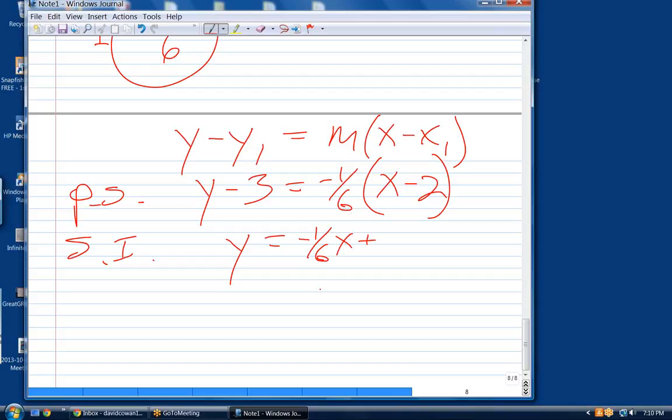Okay. Negative 1/6. So let's back up. Let's leave that 3 over there because that's not really our first step. Our first step is we're going to use PEMDAS. So the first thing we're going to do is get rid of these parentheses. What's negative 1/6 times negative 2? It'd be 2/12.